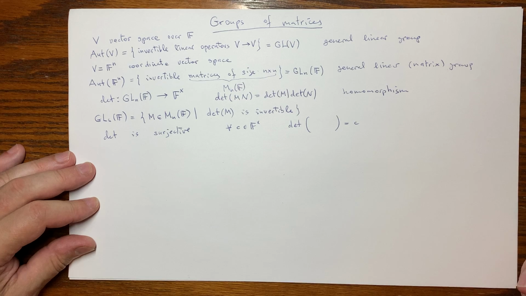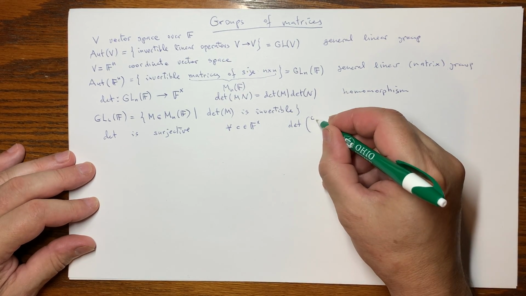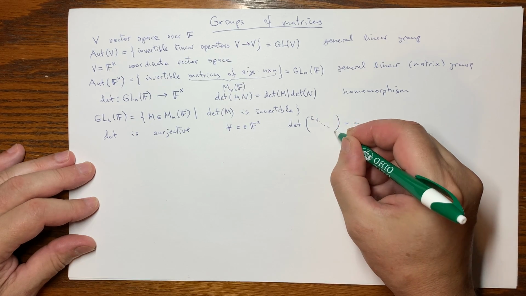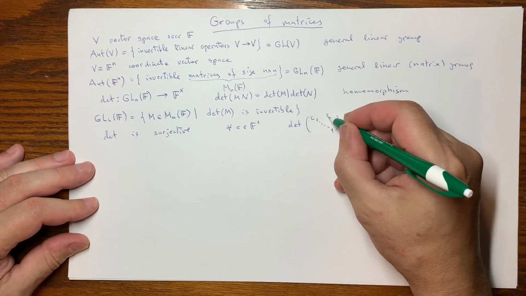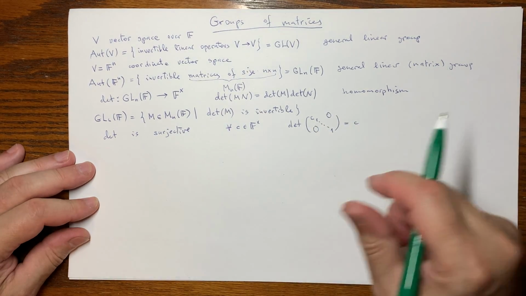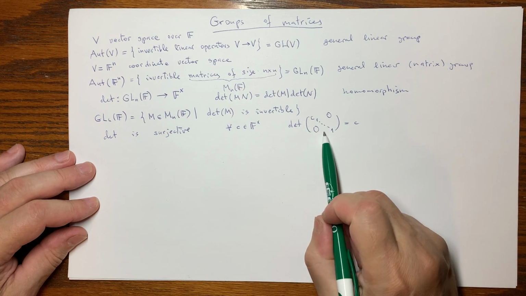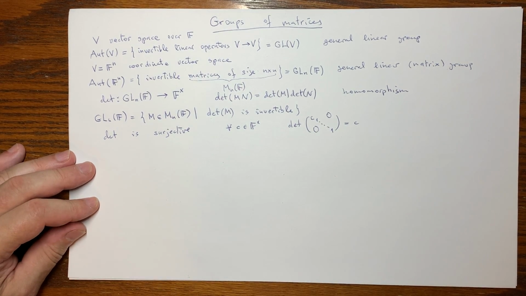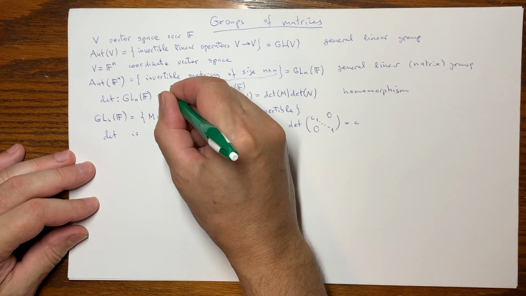One example of such a matrix would be to take this number, put it in the first position of the diagonal, and populate the rest of the diagonal with ones. Everything else is zero in the matrix. The determinant of such a diagonal matrix is the product of the diagonal entries, so it will be just our number. So the determinant is onto, it is surjective.